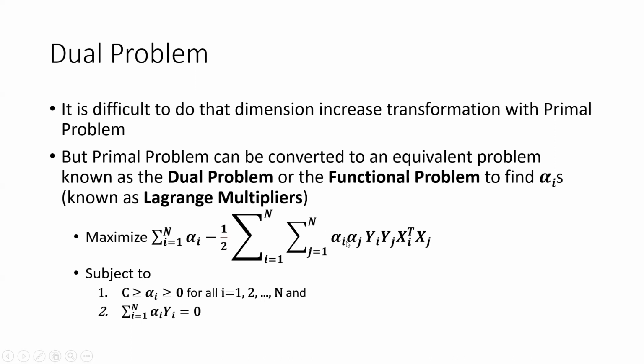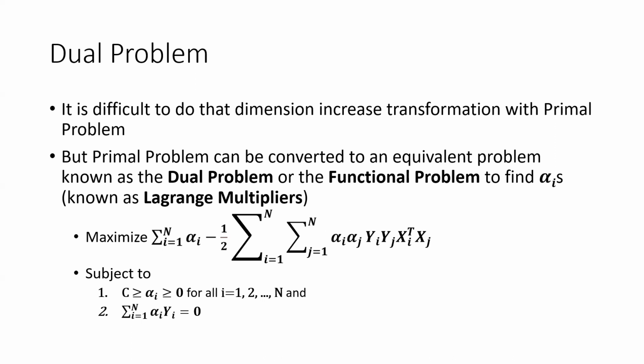So the values that we are going to find by optimizing this statement are these alpha values, which are known as the Lagrangian multipliers.